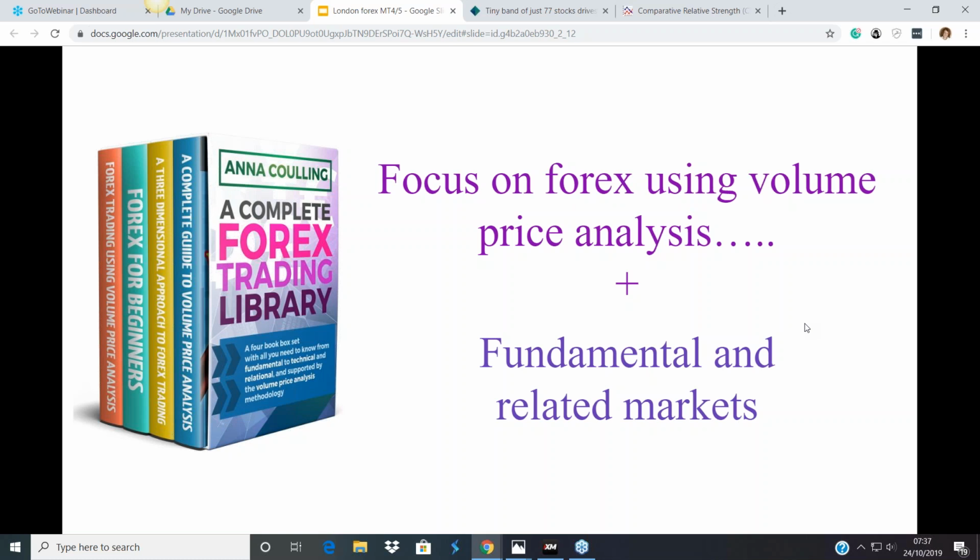It is driven by other factors, and those include what the fundamental news is and what is happening in related markets, particularly in the forex market, where currencies and currency pairs are proxies for either risk sentiment or for other markets. A classic example is the oil market with the Canadian dollar and the Norwegian krona, because these economies are big exporters of oil.